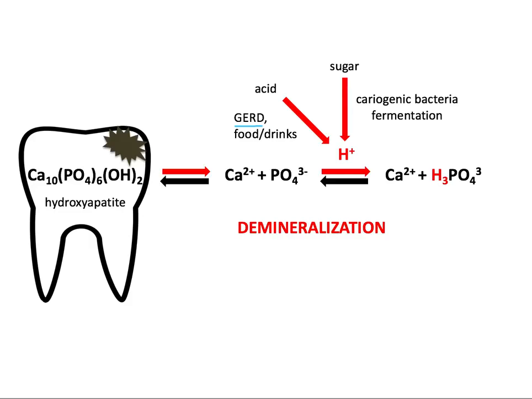Also, lots of drinks like soda have citric, carbonic, and phosphoric acids that can also increase the hydrogen ion concentration in the mouth and thus lower the pH of the mouth even more. Since soda also has sugar, you get the double whammy effect of both sugar and acid pulling this entire equilibrium to the right and literally leaching minerals out of the teeth.